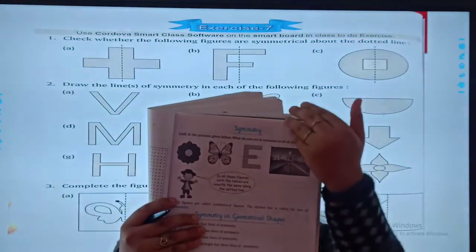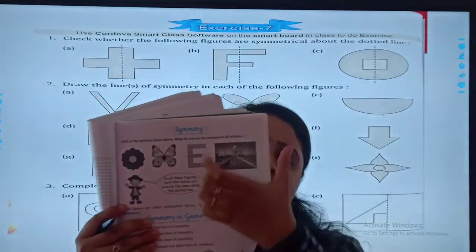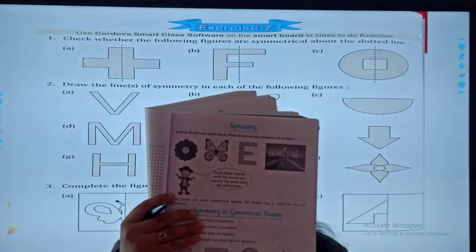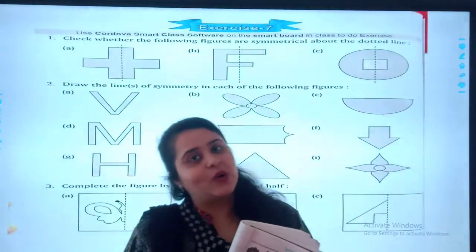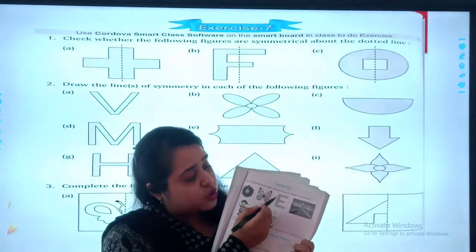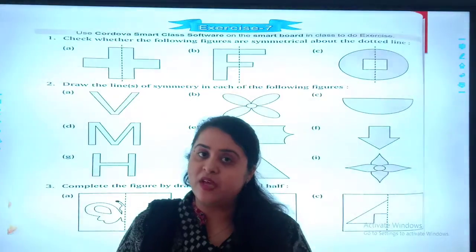When I divide this picture in half, that division line is known as line of symmetry. और जो division होगा that will be in equal halves.